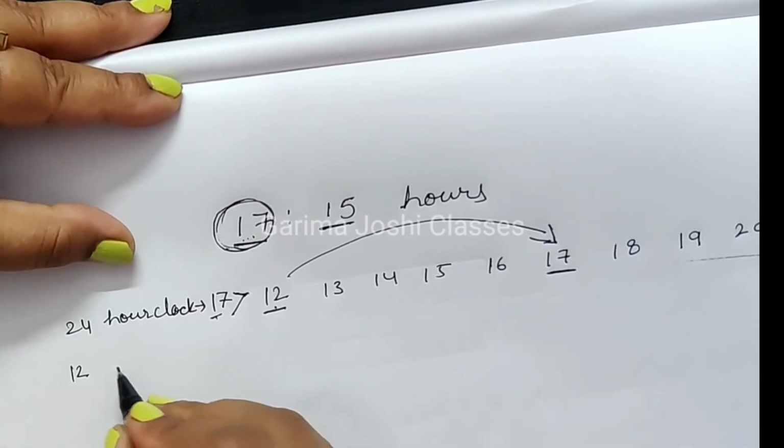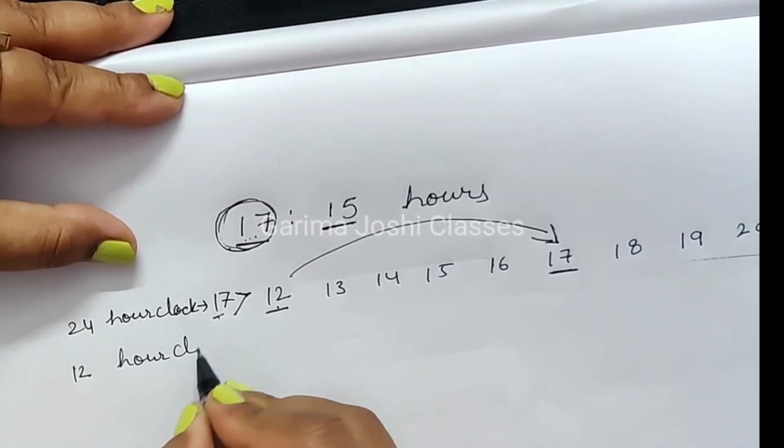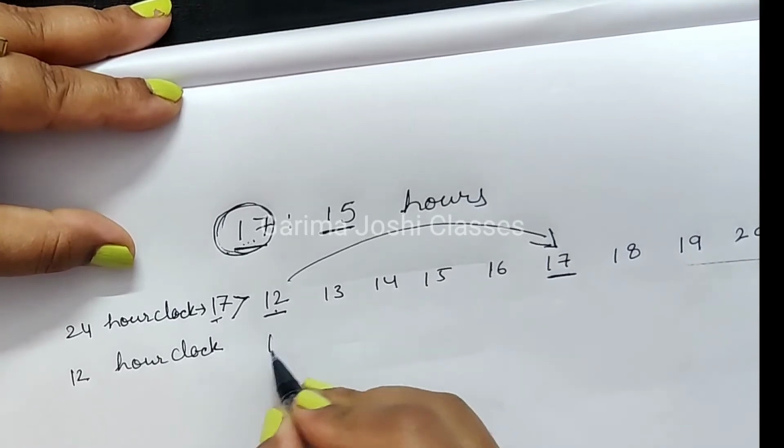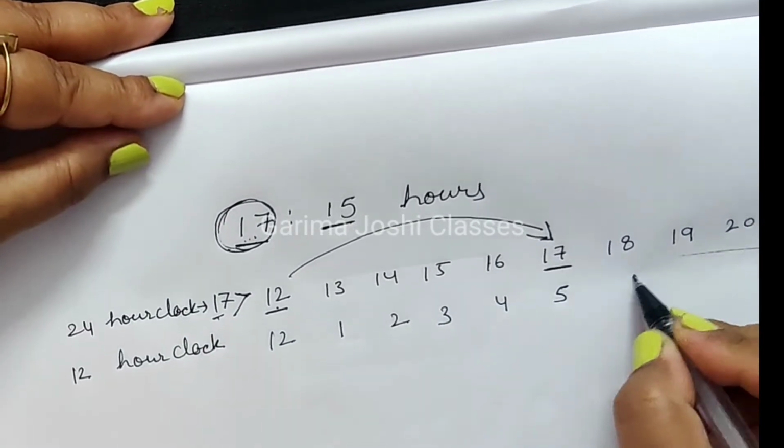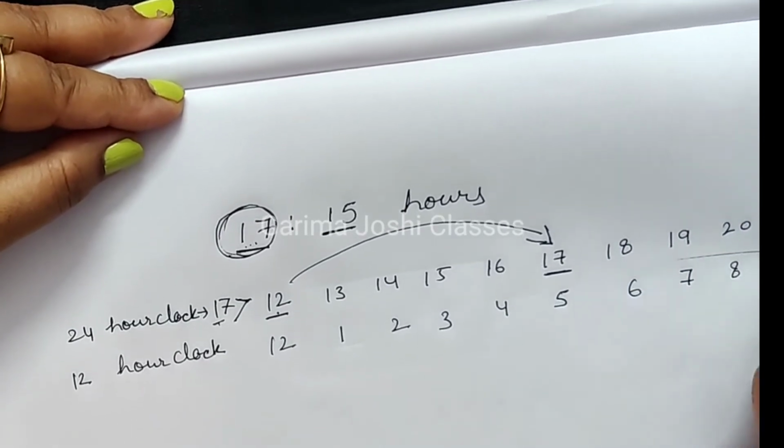And if we say 12-hour clock, after 12 it becomes 1, 2, 3, 4, 5, 6, 7, 8, 9 and so on.